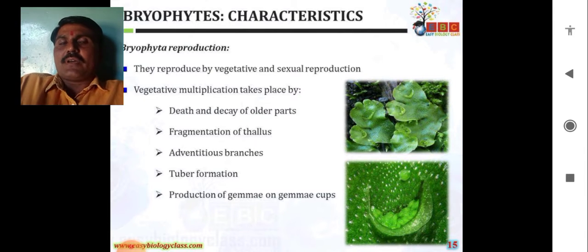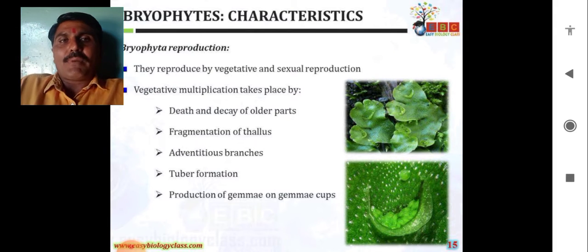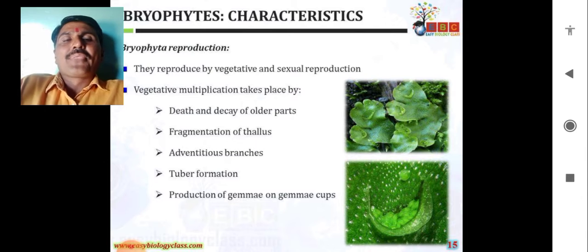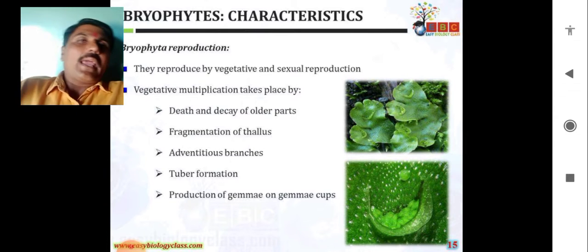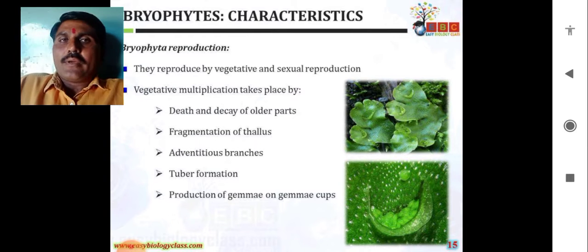For example, you can see in Marchantia the gemma cup, which is attached on the dorsal side, and after maturity this gemma will detach from the mother plant. It will fall in the soil, mix with the soil, and start to germinate into a new baby plant or a new seedling.